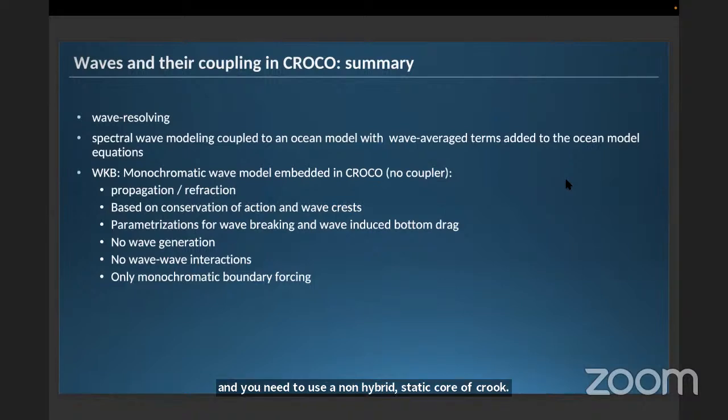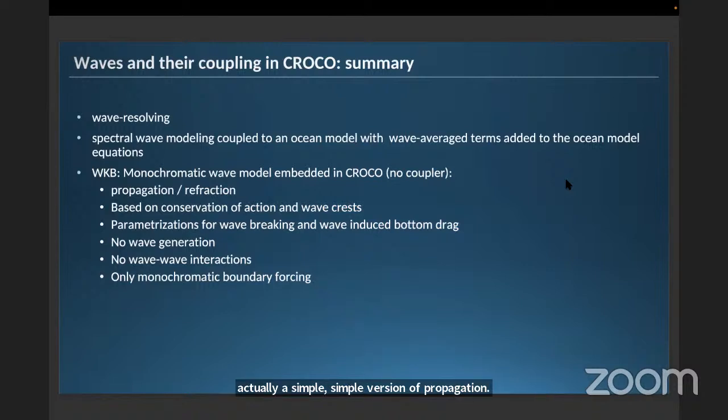Then, if you want to model waves coupled with the ocean in a larger area, you can couple with spectral wave models, typically WaveWatch, including through Oasis at the moment. And there is also an embedded wave module directly in CROCO, named the WKB module, which is actually a simple version of a wave propagation model.